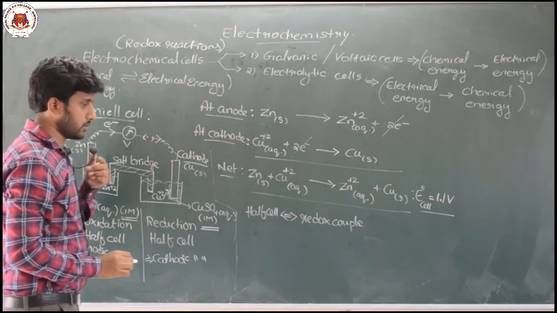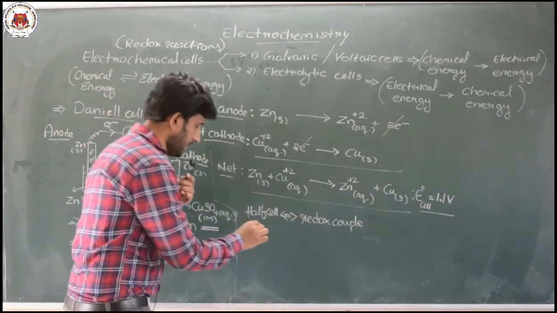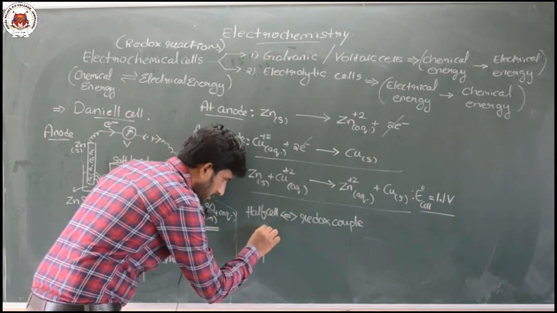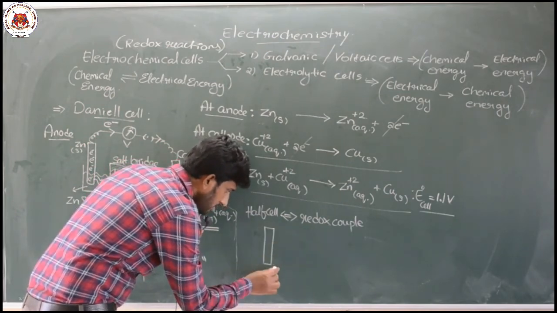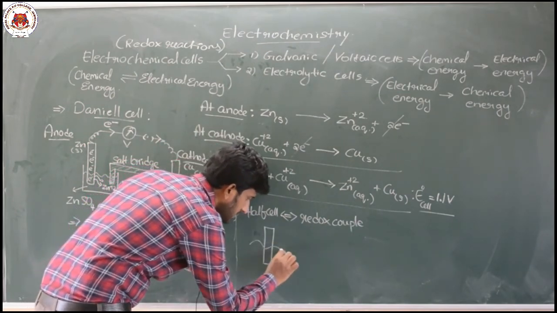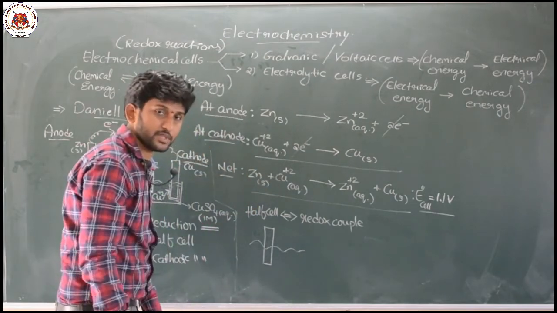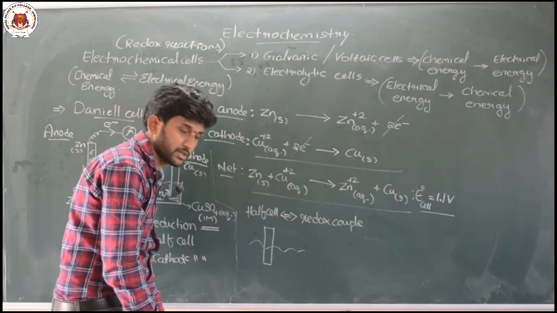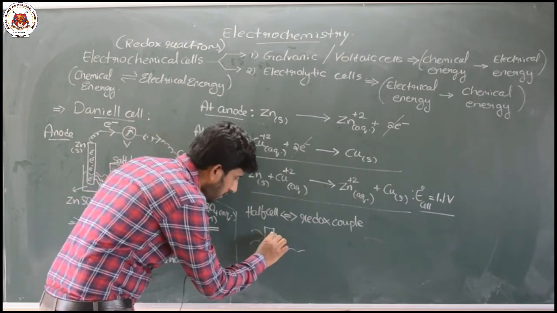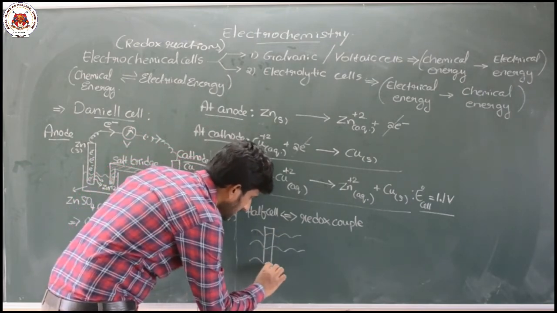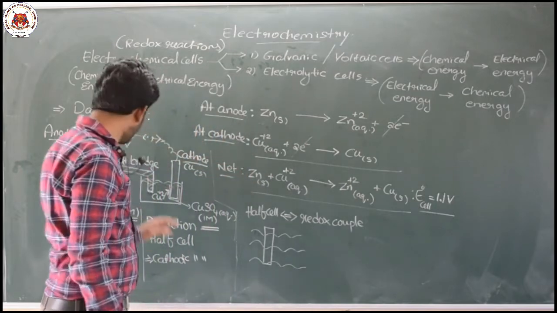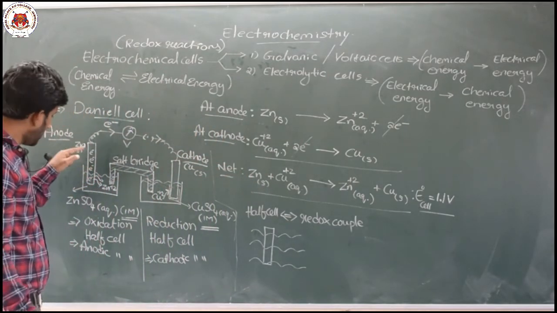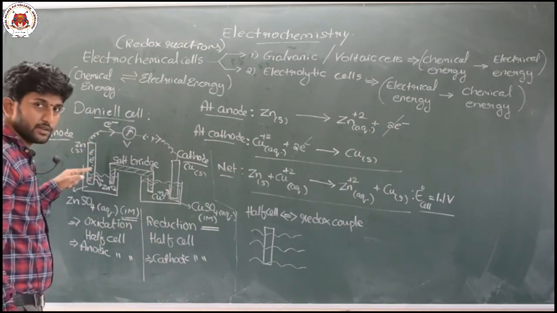So commonly, we are calling it any metal when it is in contact with its electrolytic solution. What is happening on the metal? For example, if you take zinc, electrons are getting accumulated on the zinc electrode, right?